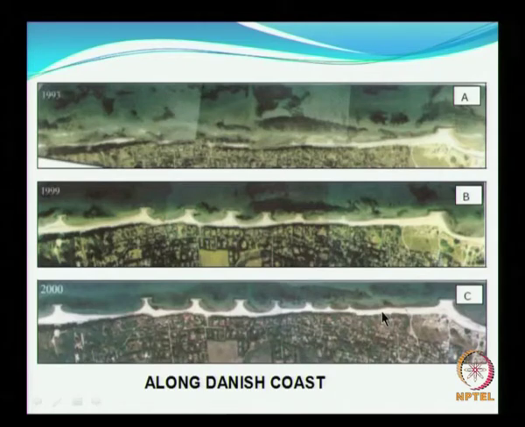If you want to enhance it, you can think of having one more small breakwater here, and that will result in deposition of sand and advancement of the shoreline here. So you can have something like this, you understood. You can enhance it with two small bays within one bay.